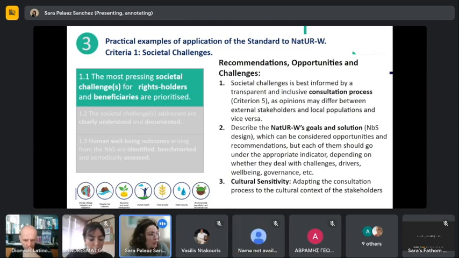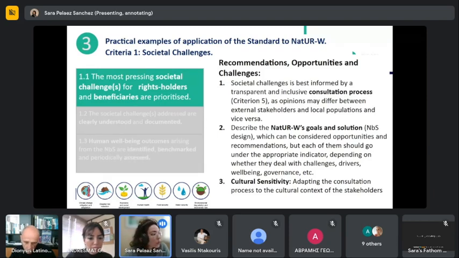And this is where, as I mentioned before, criteria 1 links with criteria 5. As we also see in our own experience, after the consultation process you get a lot of things from the local population that you didn't think about before.